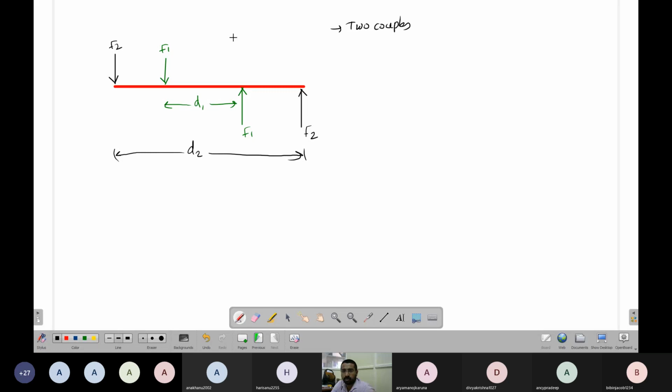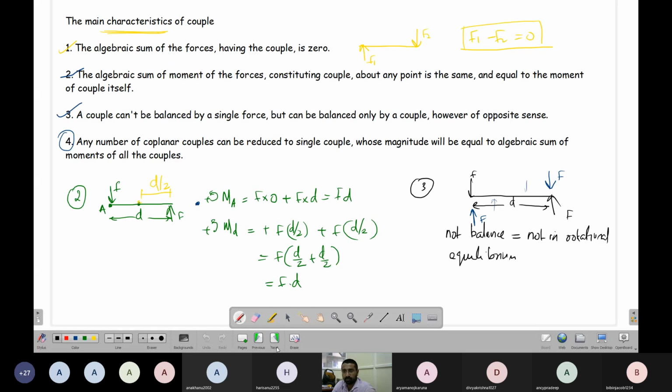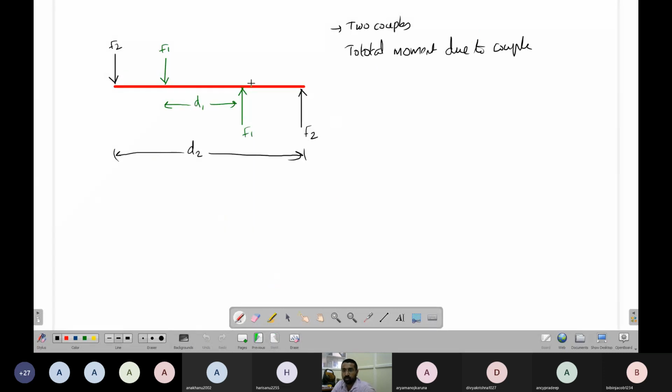The total moment due to the couples is the sum. What is the moment due to the first couple? It is F1 into D1. What is the moment due to the second couple? It is F2 into D2.